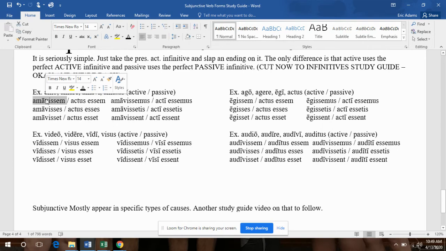Active, amavissem, which is, again, the perfect infinitive active plus your ending m. And over here, if we isolate actus esse, that is the passive perfect infinitive, and then we just put on the ending m. So actus essem, actus esses, actus esset, acti essemus.